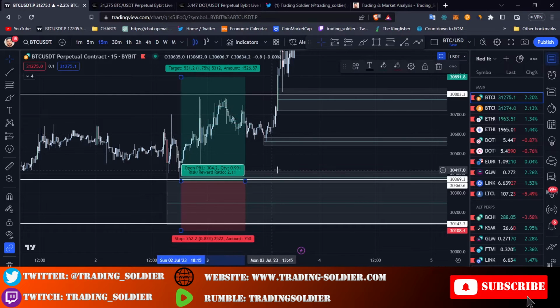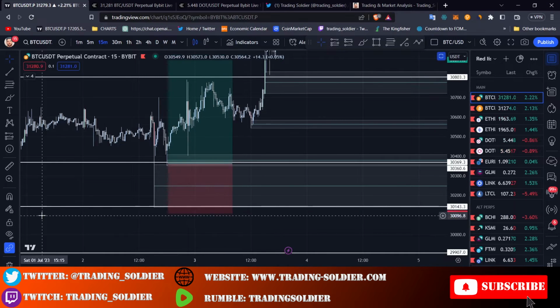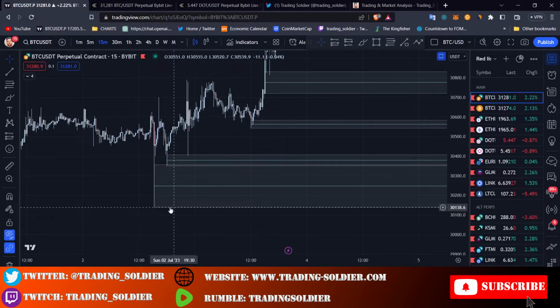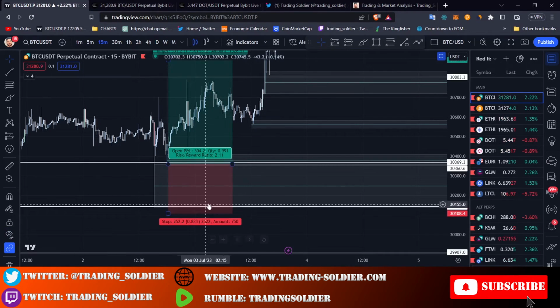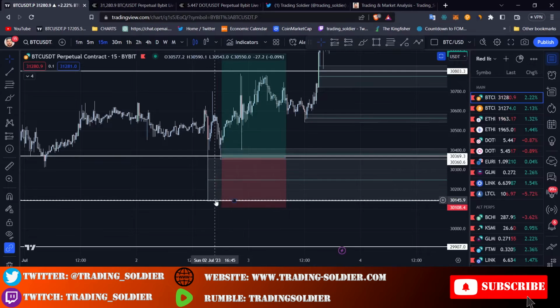I'm going to protect my stop loss with the last line of the order block, okay. You see, if I delete this, this is the last line of the order block, so my stop loss is placed below the last line of the order block. So if the price reverses, we have all this order block protecting my stop loss.